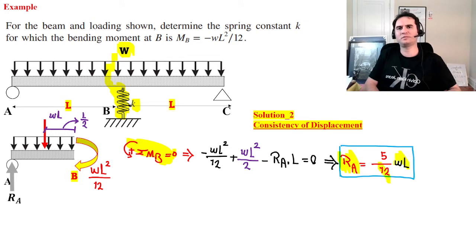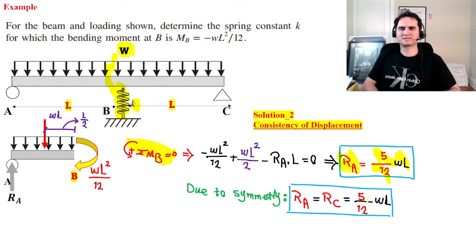RA is equal to RB, both equal to 5/12 WL.